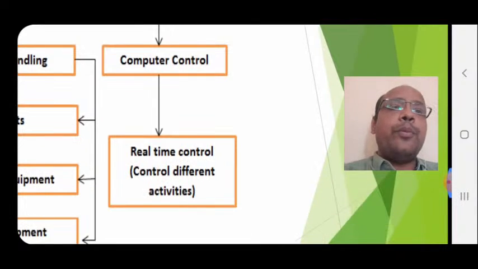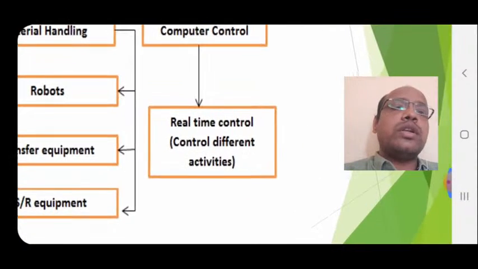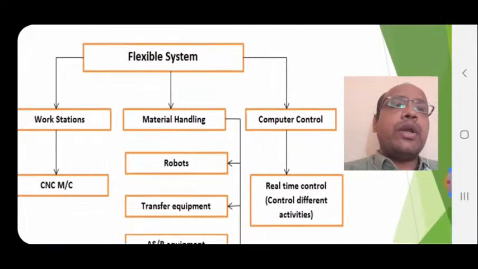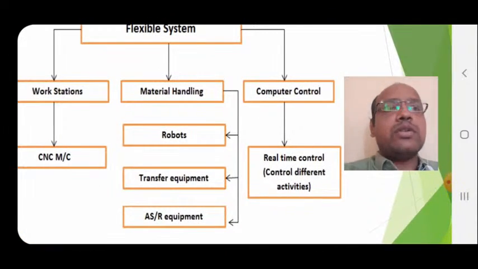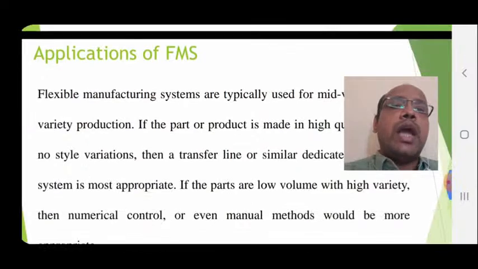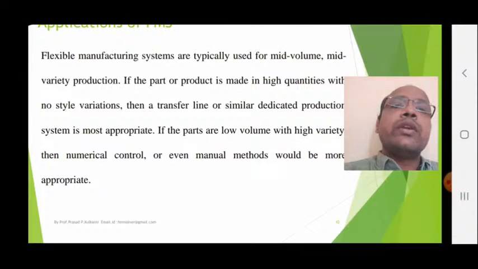It consists of computer control, real-time control, and it controls different activities of the manufacturing system. A flexible manufacturing system may consist of a direct numerical control DNC system. It may consist of a computer numerical system. Applications of the flexible manufacturing system, you can see here.